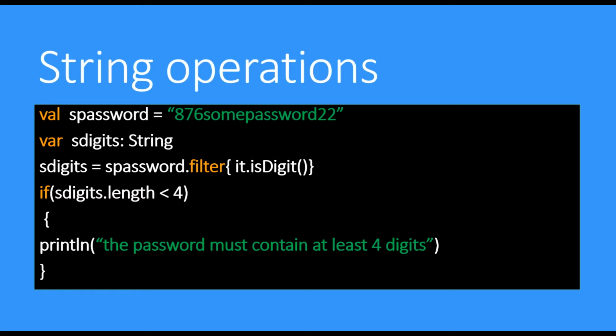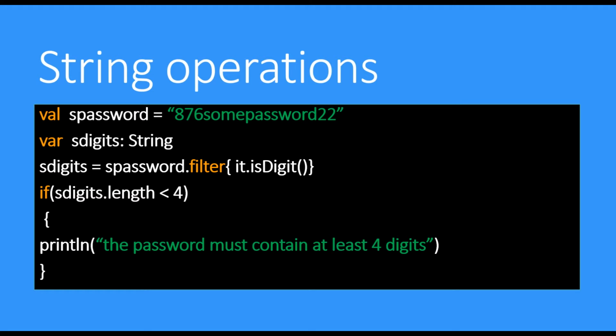For this case, let's say we declare some random password that also contains digits, and then we declare a string, and we apply the function filter on that password string. As you probably remember from the previous videos, in this case it refers to the characters of that string.